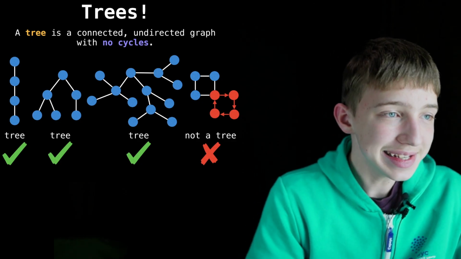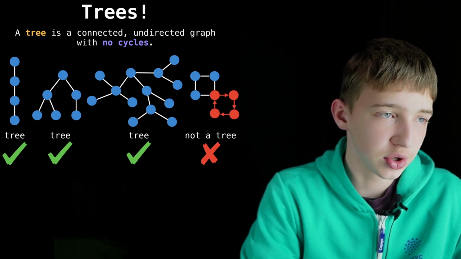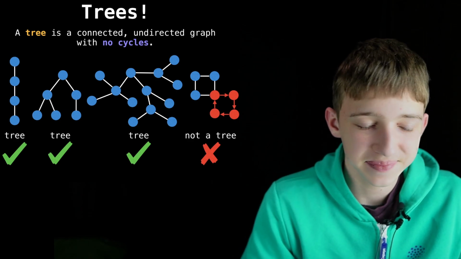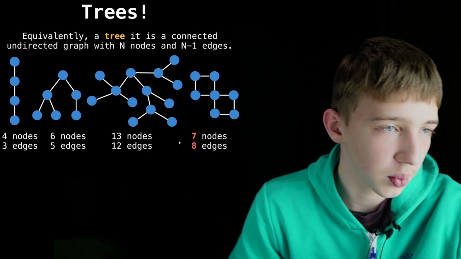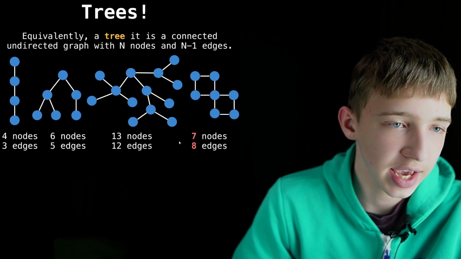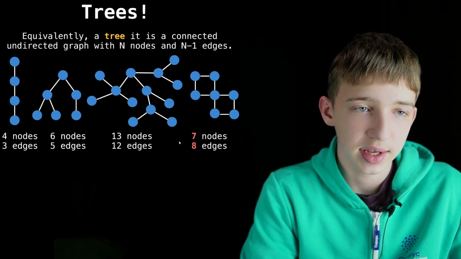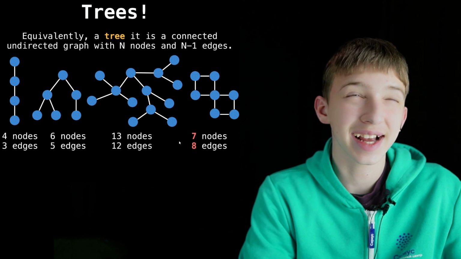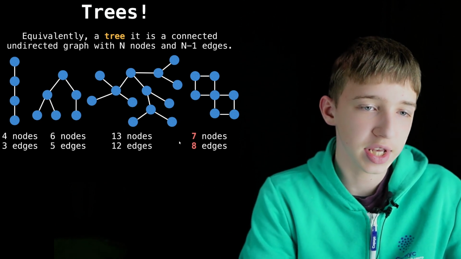However, there is an easier way to check whether a graph is a tree or not. We want to take into consideration if a graph has exactly n nodes and n minus 1 edges. So we count up all the nodes and edges.